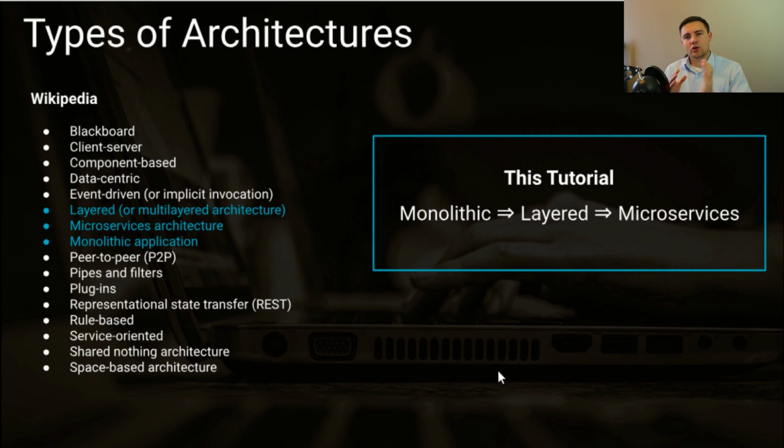They're all progressions of each other. Now, we could certainly get into peer-to-peer architectures, but that leads us on a whole other route. These 3 architectures are going to be at the foundation of learning architecture, and if you don't understand at least the monolithic and layered architectures, you're probably not going to understand much of anything else.